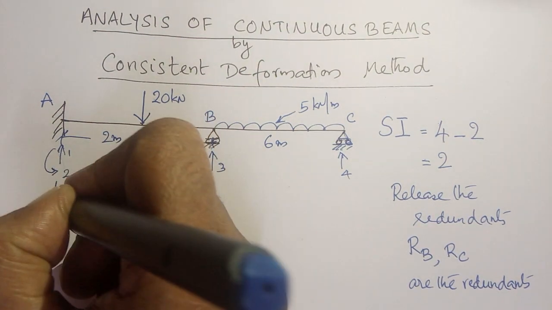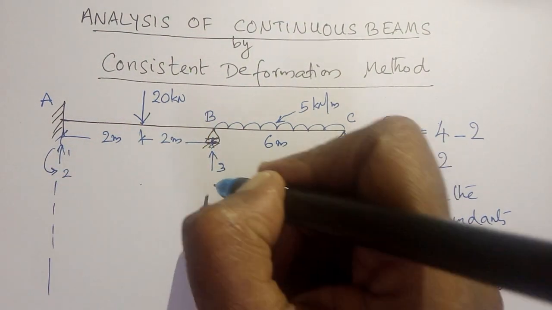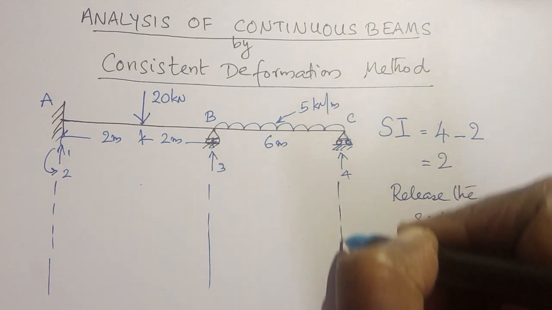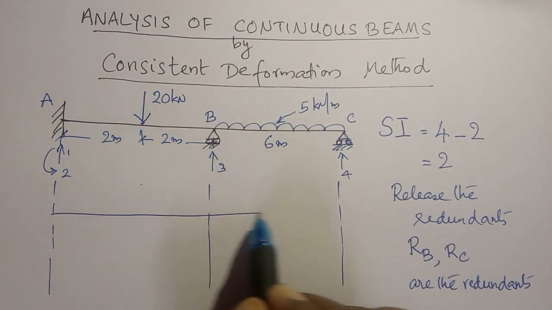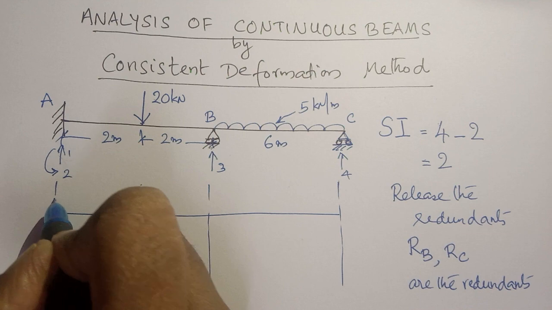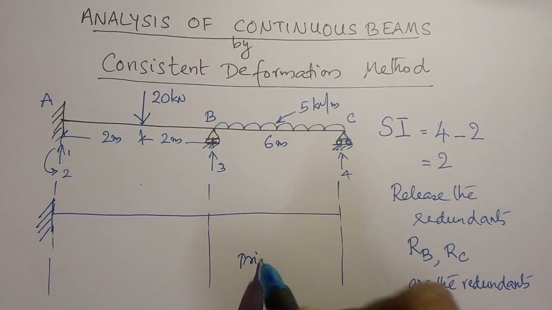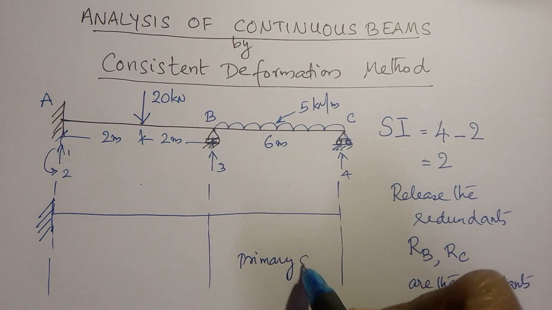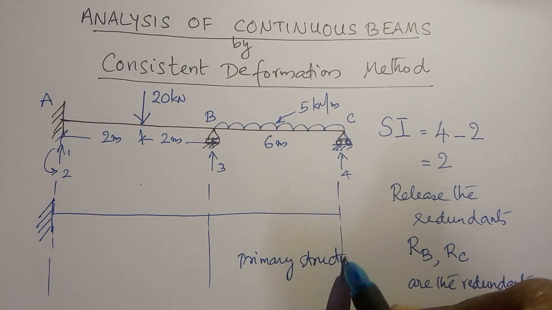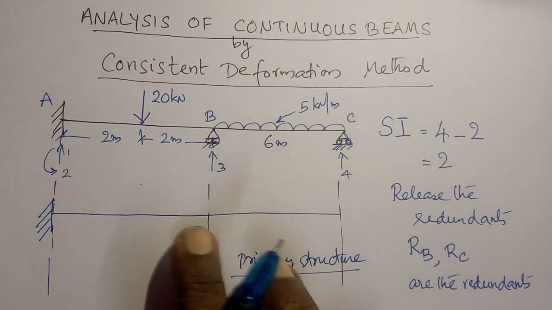Now we will be releasing the redundants and we draw the primary structure, the structure after removing the redundants.